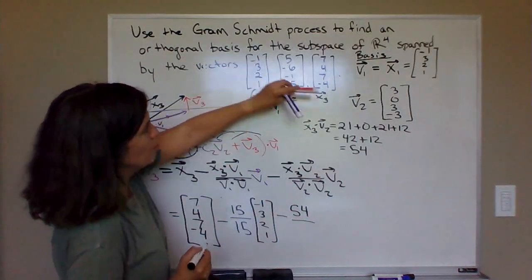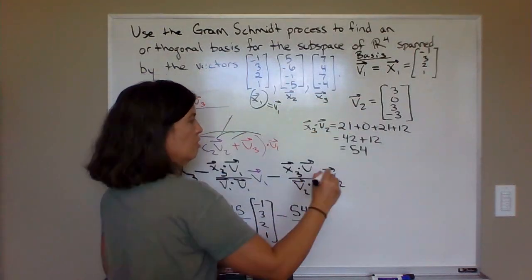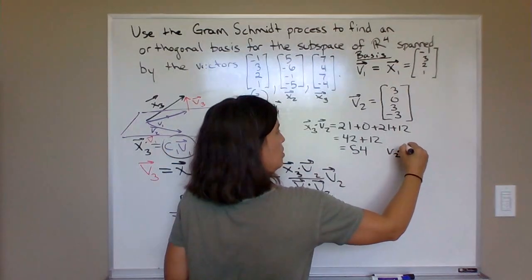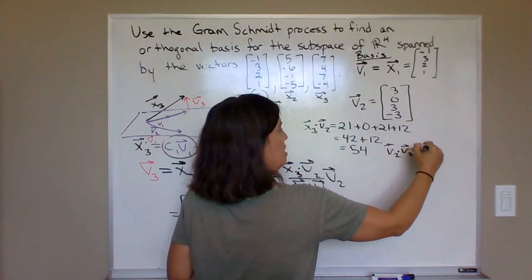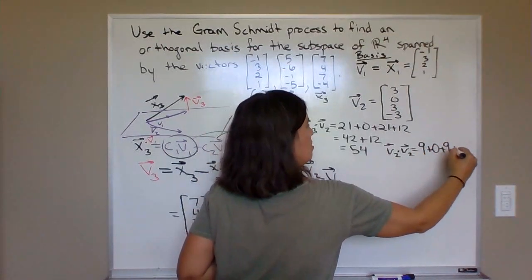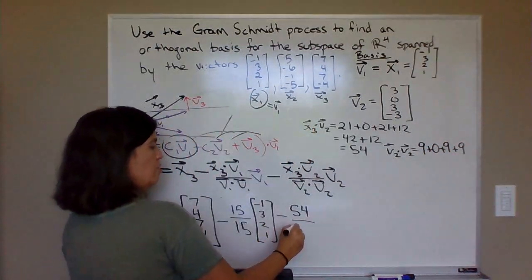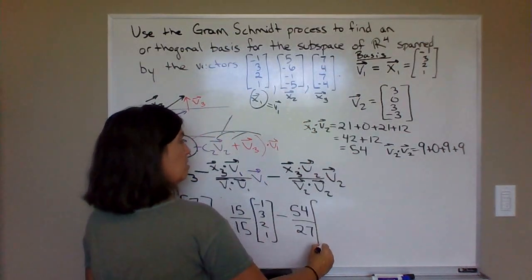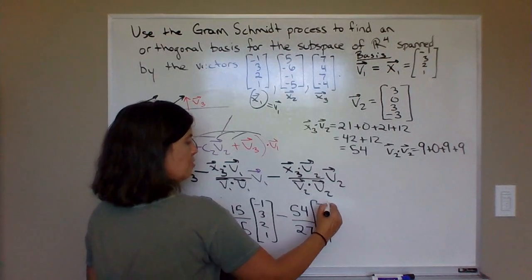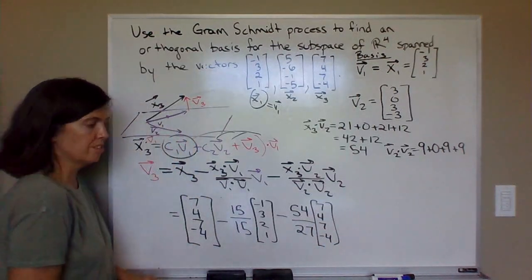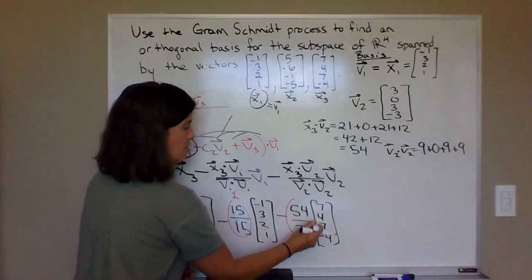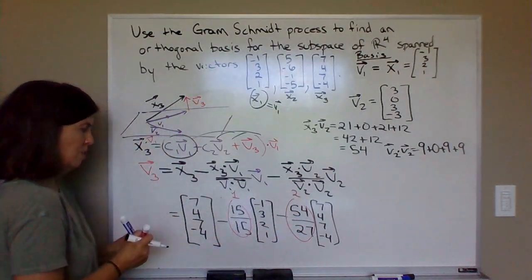So V2 dot V2, well, here's V2. So again, I'll do a little scratch work over here. So V2 dot V2 is going to be 3 times 3 plus 0 times 0 plus 3 times 3 plus negative 3 times negative 3. So 27. The numbers come out kind of nice on this. This is your first example in the notes, which is why I made the numbers kind of nice. So this coefficient right here is just 1. This coefficient here is 2.